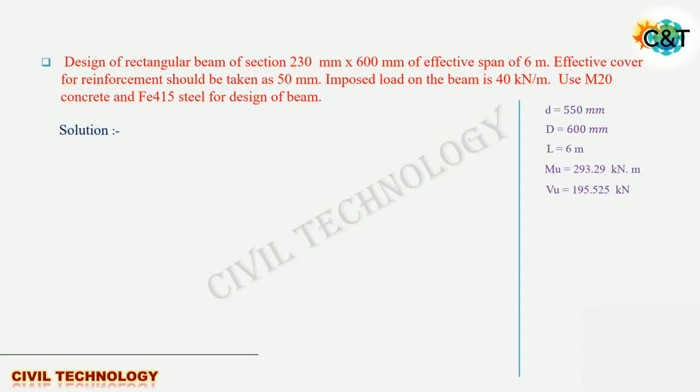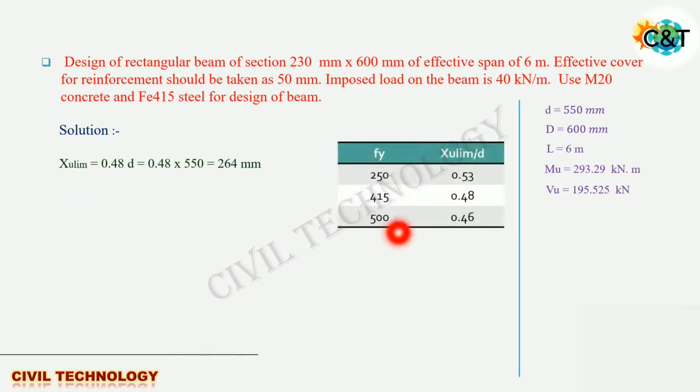Next step, we have to check whether our section is singly reinforced or doubly reinforced. If you see the last video, you will understand how we can find whether our beam is singly reinforced or doubly reinforced. For that, we have to calculate one factor which is called the Xu limit. For Xu limit there is a formula for different types of steel, like for Fe415, its formula is 0.48 times the effective depth.